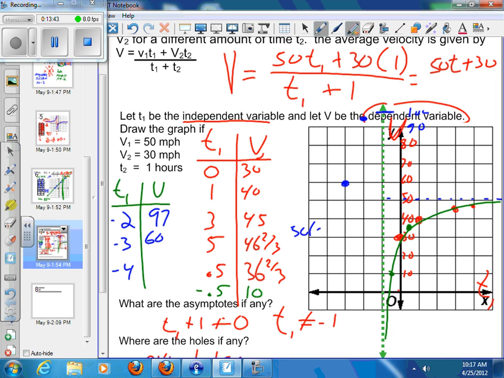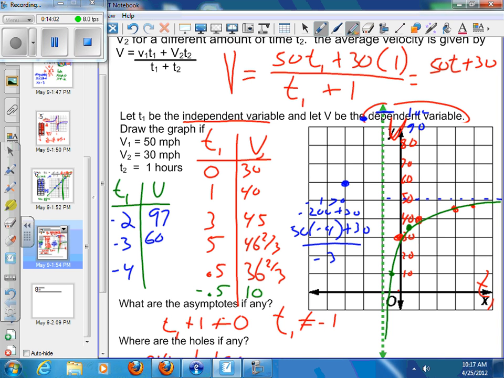Then I'm going to try a negative 4. So that's 50 times negative 4 plus 30, all over negative 3. So 50 times negative 4 would be negative 200 plus 30, which is negative 170.